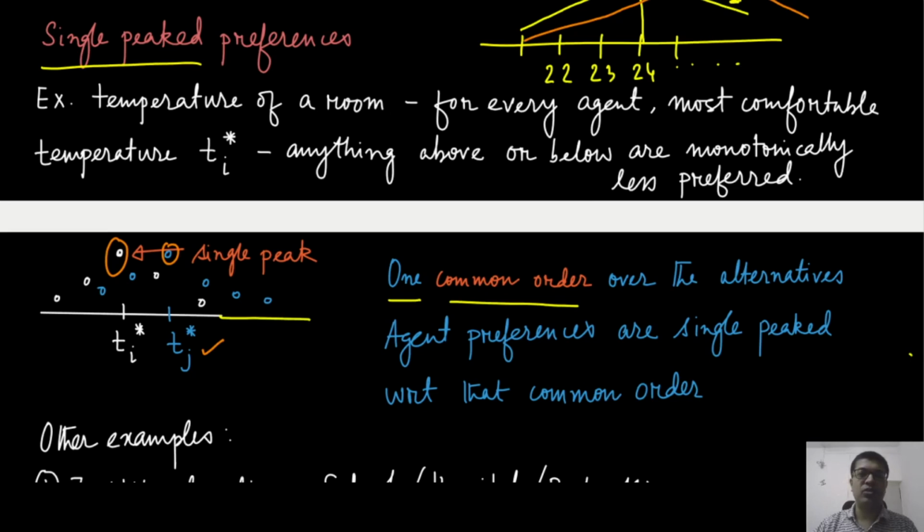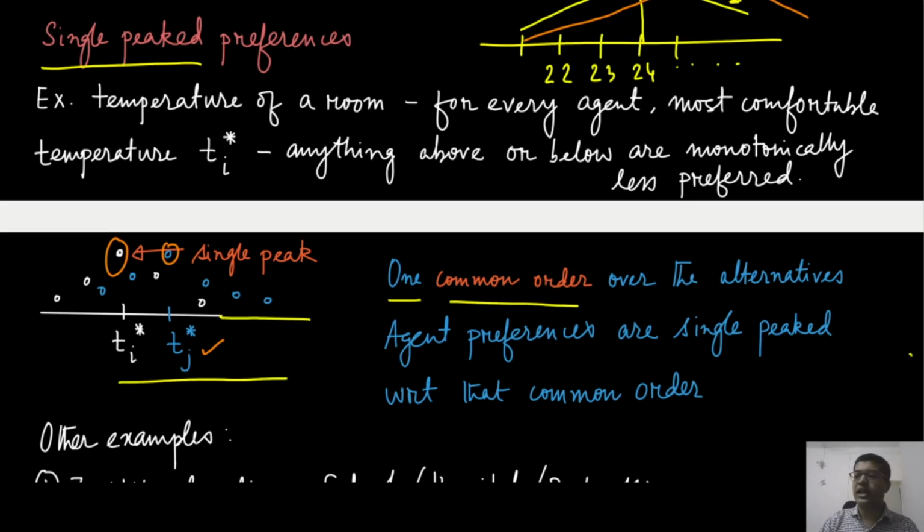So how can we cast this into the social choice setting? Suppose we collect these single peak preferences, the temperature preferences of all the players, and we are going to set the temperature of our air conditioner to some particular temperature. So the outcome, the alternatives, can be one of these temperatures.